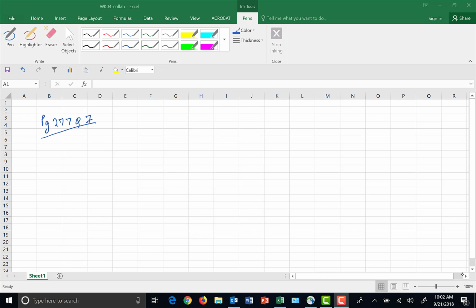Okay. So the first problem that I had planned on working this morning was page 277, question 7. And this is a problem involving the uniform continuous distribution. So the context here is that you are bidding on a piece of land, and any bid that you make in excess of $10,000 will be accepted.